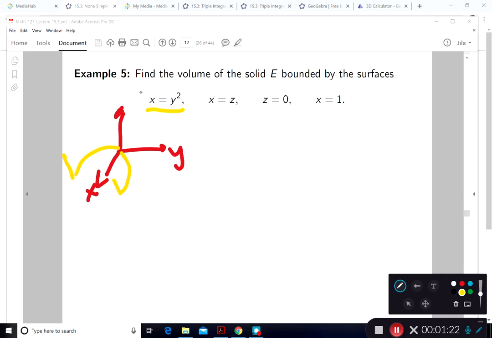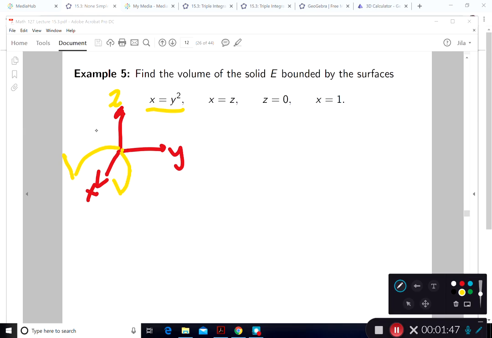And then you have z equal to x, which is a plane that goes out from the origin, and if you look at it, it's going to be a line on the x and z plane.